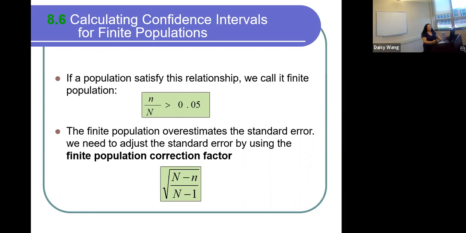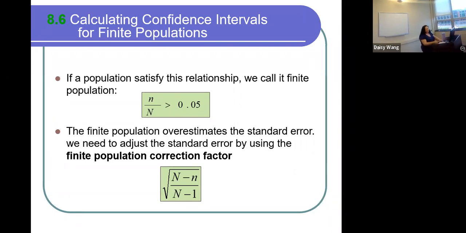But if the population is not big enough and our sample size divided by the population is greater than 0.05, meaning our sample is 5% of the population, then we have a finite population.